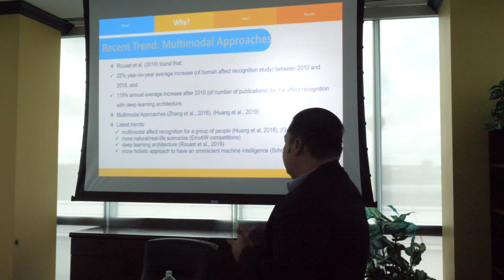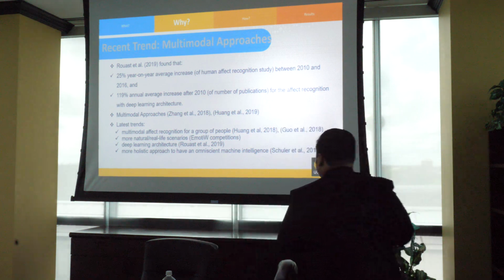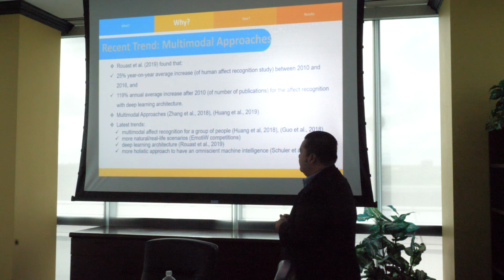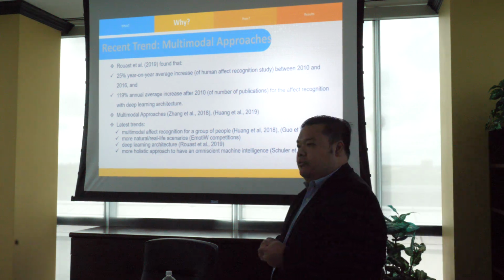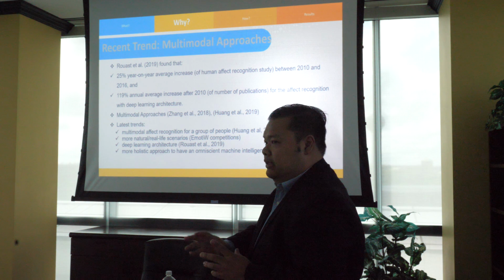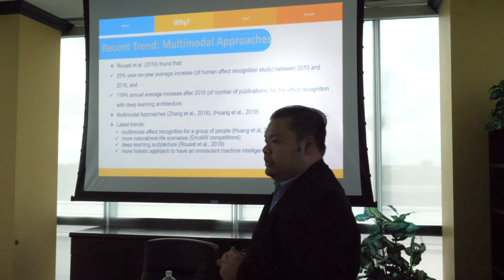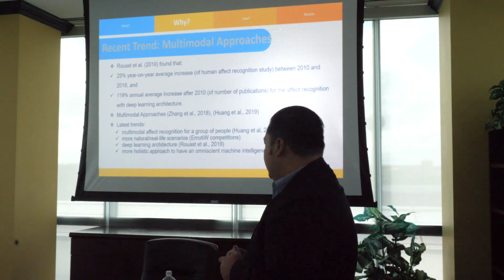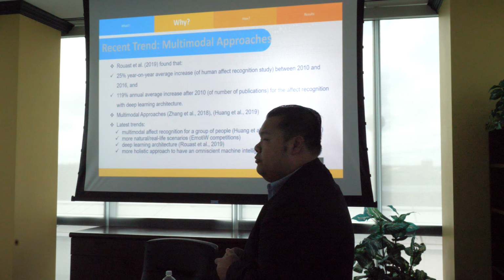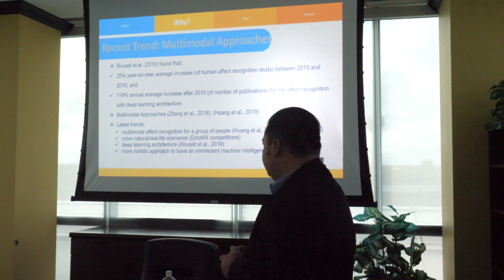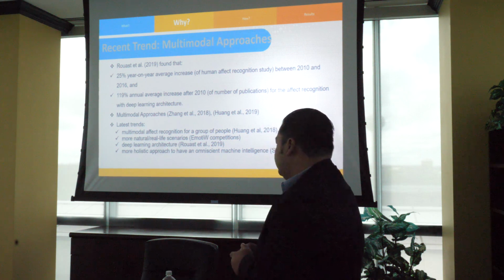Other trends we can find are listed there. One of them was that people try to recognize emotion not just from one person. They try to find emotion across the globe and predict emotion in real-world scenarios, which has been done in the EmotiW competitions. And they use deep learning architecture.